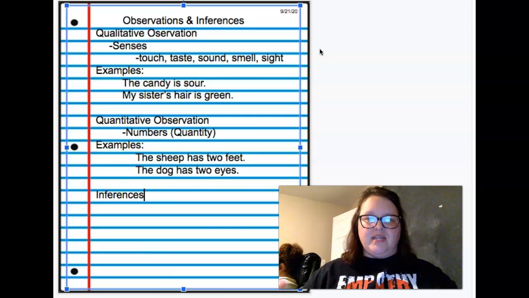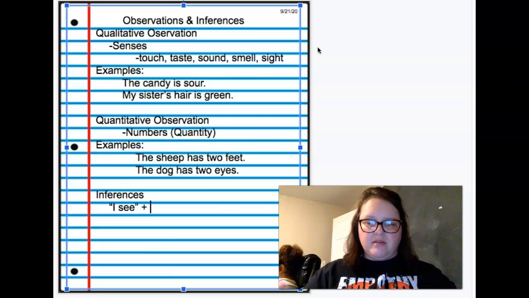An inference is basically: what I see, plus what I know, basically equals what I think.